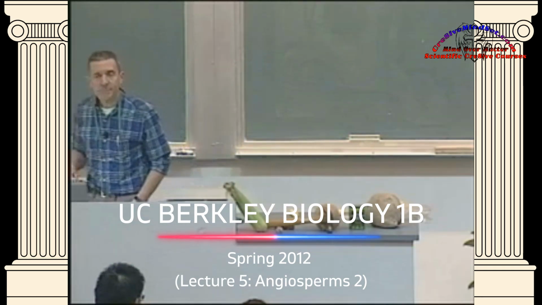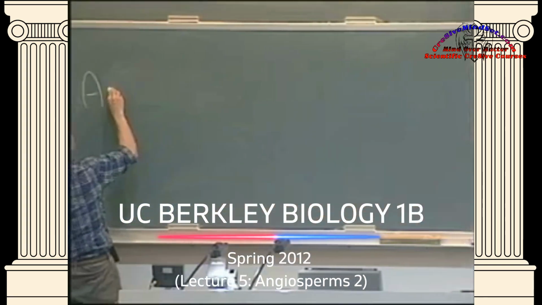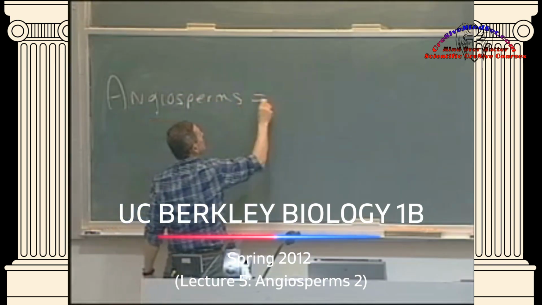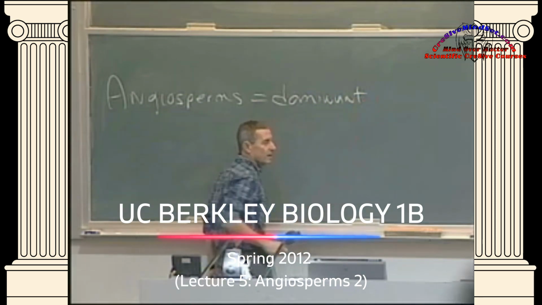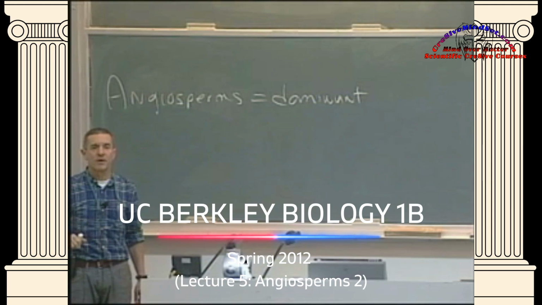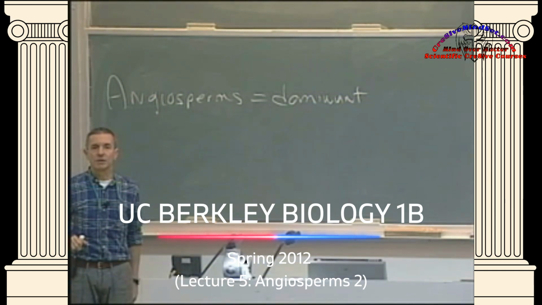Now, last time we said that the angiosperms came to be a dominant part of our flora. They are the dominant species in our flora, except at the very high altitudes, because of the development of a number of unique structures.